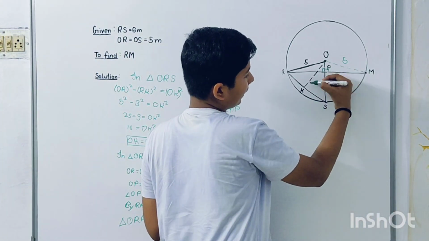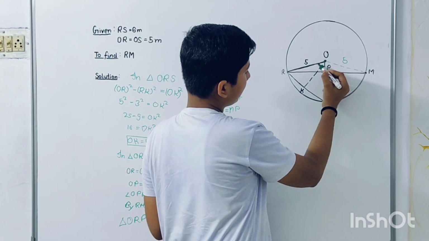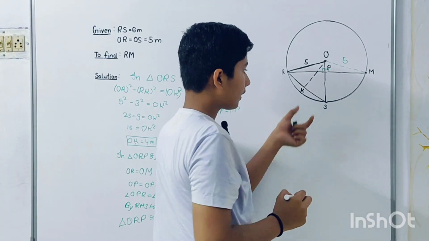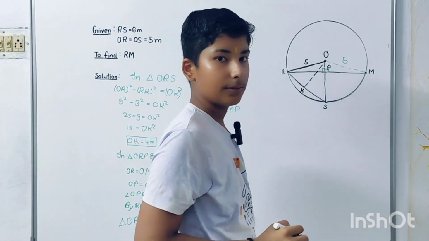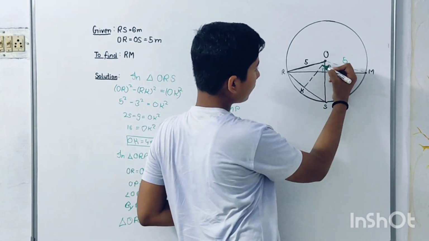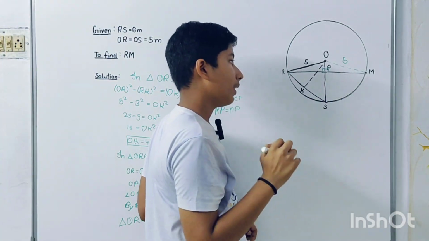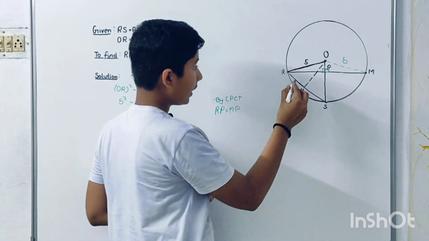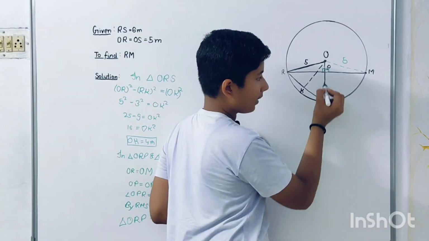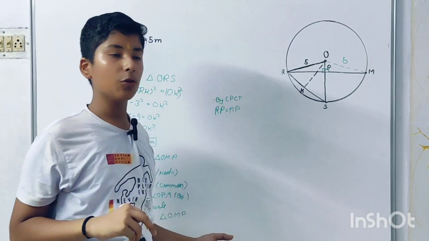Firstly, we can take this height and this base. And in a second way, we can take this height and this base. So there are two methods.